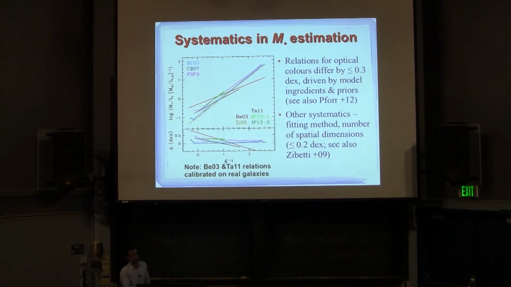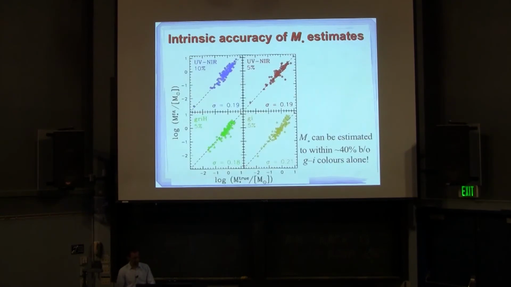As well, the number of spatial dimensions over which you estimate stellar mass can have a significant effect. Most times that this kind of work is done, you're weighting your stellar mass estimate by light. And that creates the opportunity to miss stars within galaxies that are either shrouded by dust or outshone by bright stars. And so if you do things on a 2D basis, pixel by pixel, you can more accurately recover that missing stellar mass.